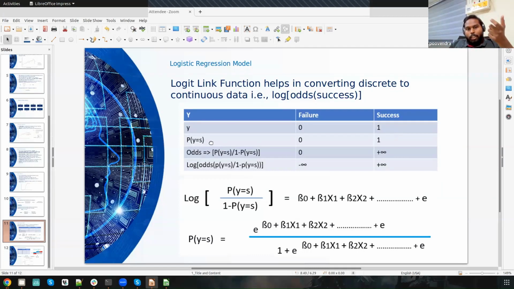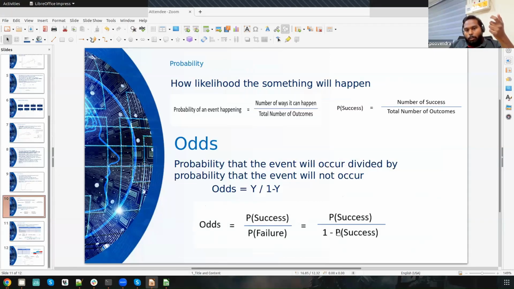First, they apply odds to the data. What are odds? Odds are P divided by 1 minus P, success divided by 1 minus success.